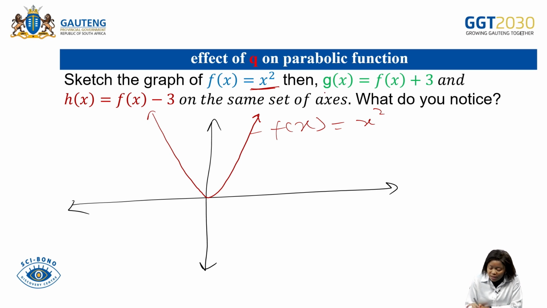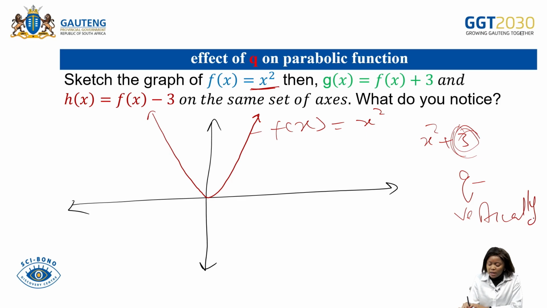So from whatever you have on your f of x, you now have x squared plus 3, meaning that your graph has been shifted 3 units upwards, because remember your value of q shifts your graph vertically. So it can either go up or go down. Since it's positive 3, instead of turning at the origin, it's now going to turn at 3.